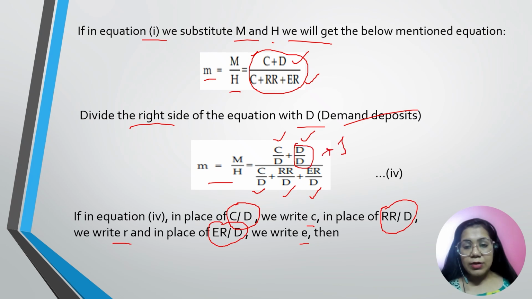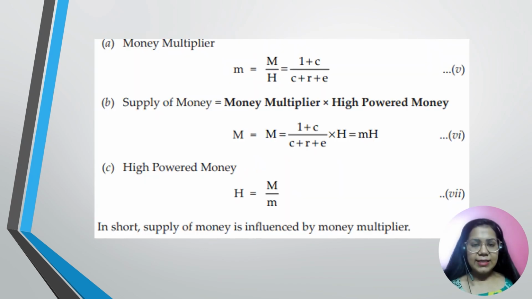So now let's see what will be the equation of the money multiplier in the next slide. So now let's see what the equation of money multiplier has come out to be. So it is small m, which is equal to money supply upon high powered money.